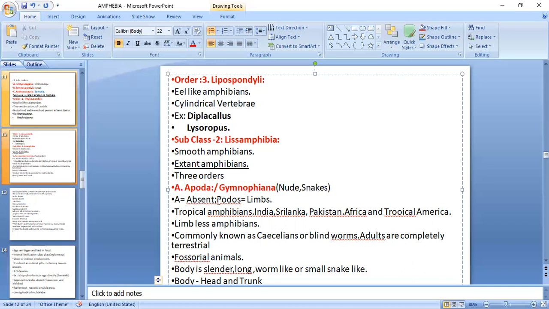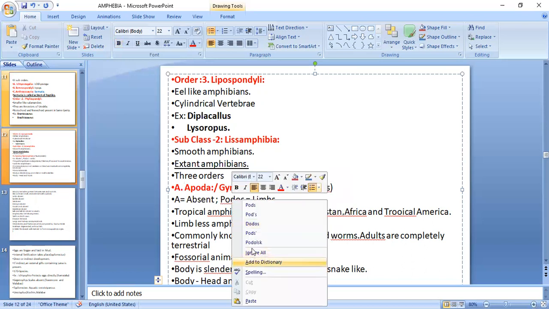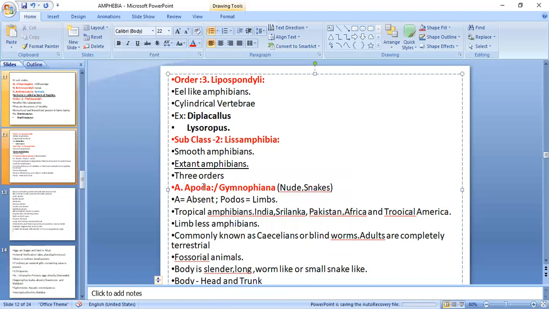A means absent and podos means limbs. I told you that amphibians, reptiles, aves, and mammals are generally called tetrapods. But these amphibians, even though they are amphibians, do not have limbs. That's why they are considered apodans. Gymnophiona: gymnos means nude, ophiona means snakes.